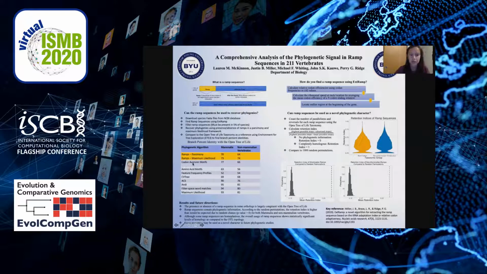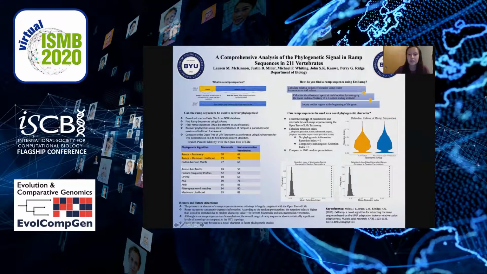For example, codon inversion, amino acid inversion, and several of these word-based methods all recovered a similar amount of species relationships as the ramp sequences. So this shows that using just the presence and absence of ramp sequences in orthologs, we're able to recover many of the species relationships that are seen in the Open Tree of Life.